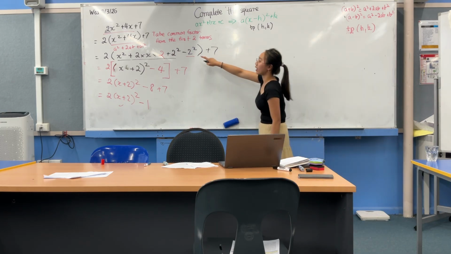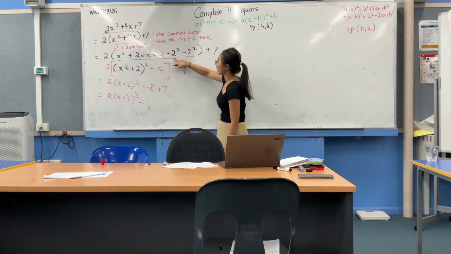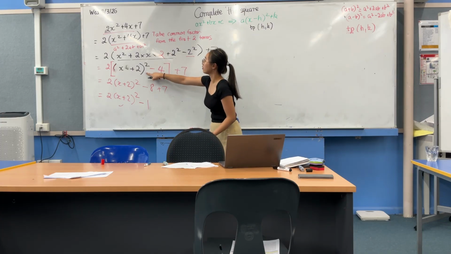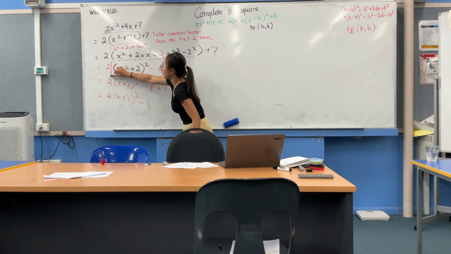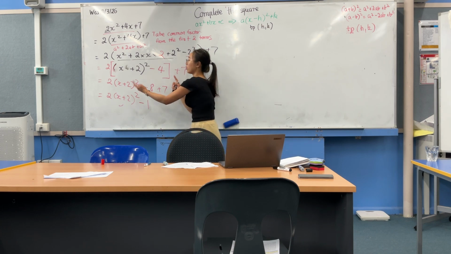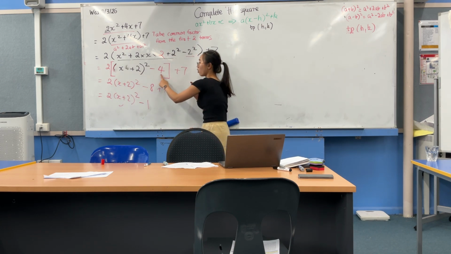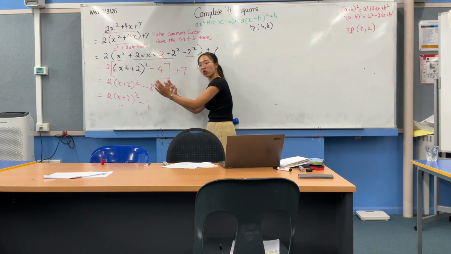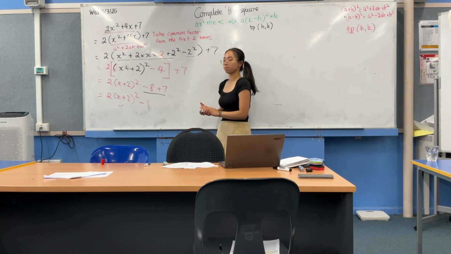Very careful here: after I complete the square, I still have negative 4, but you have to put it in the big bracket. Then you open up the bracket and multiply by 2. 2 times negative 4 is negative 8. Now, as you've opened up the bracket, you can simplify your expression.